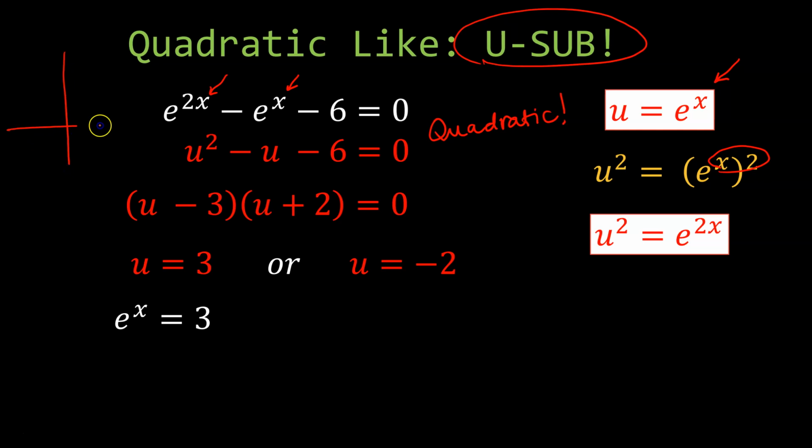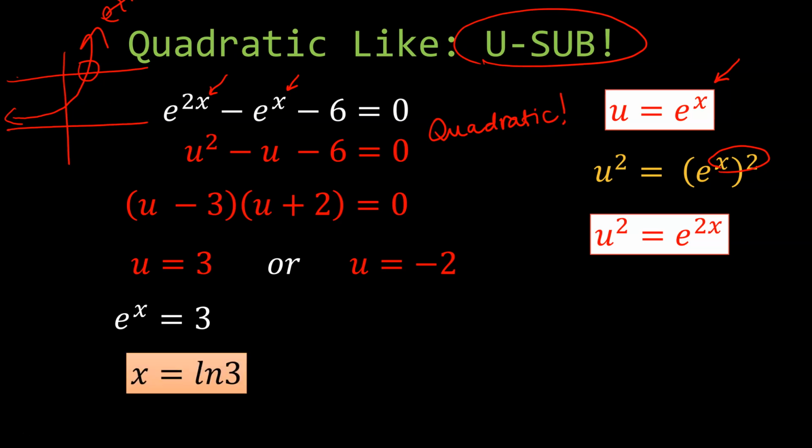Because the exponential graph looks like this. That is e to the x. 3 is right here, so that will cross at 3. And there is a solution. And to undo exponential, we use log base e. So you would say x is equal to ln of 3.